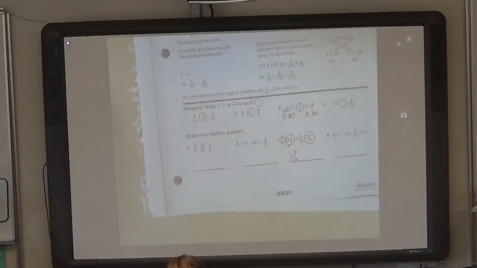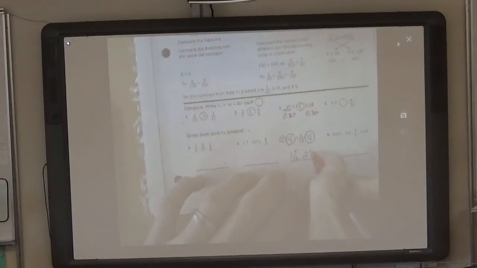Okay, both are divisible by 2. But the numerators, the top numbers in the fraction, both 1. They're the same. So how can we compare the denominators then? I think the 6, since it's bigger, is going to be less. So 2 and 1/6 is smaller than 2 and 1/4. Exactly, it is less. You're exactly right, because 6ths are more pieces, which means they have to be smaller.